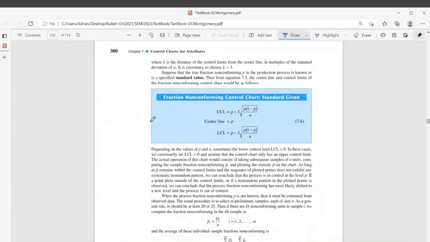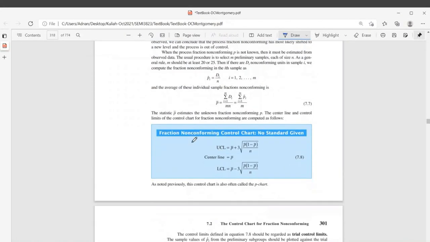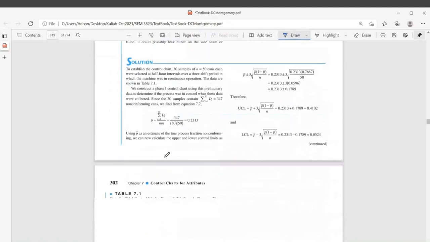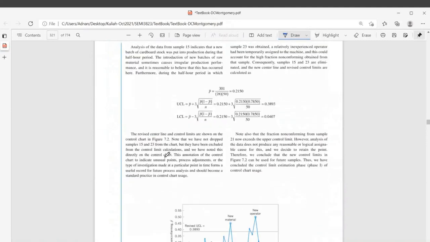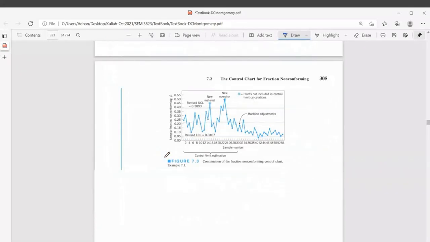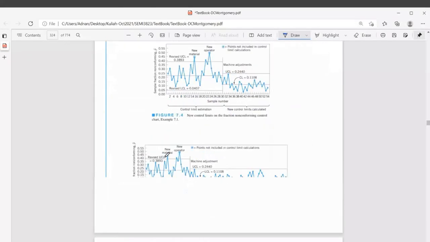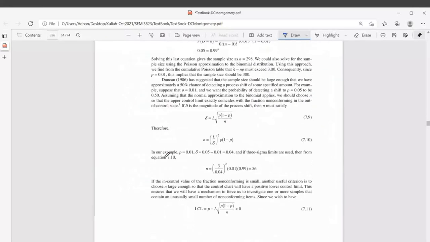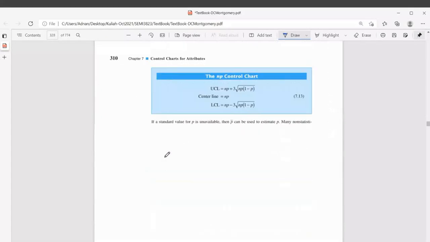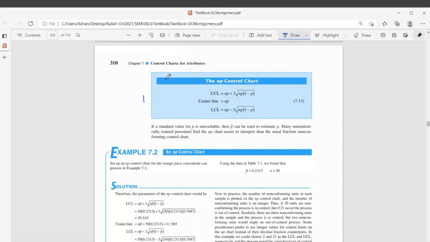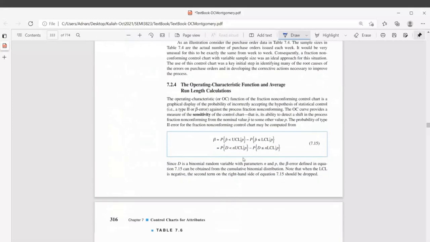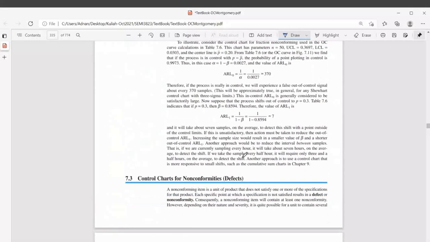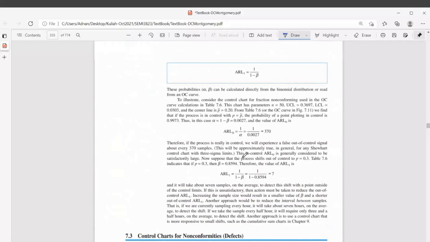This is the formula for the P chart, whether it's standard data or no standard data. Then the NP chart, the formula is very simple. And we have the chart for the C chart.